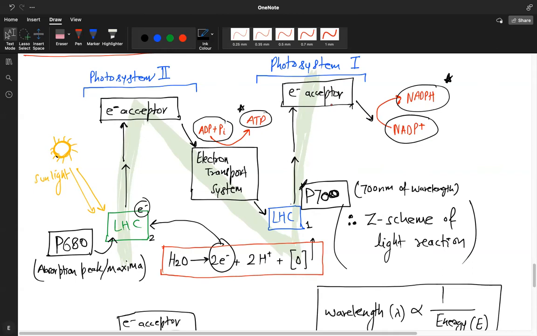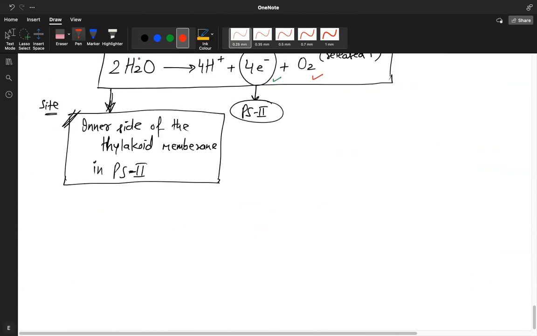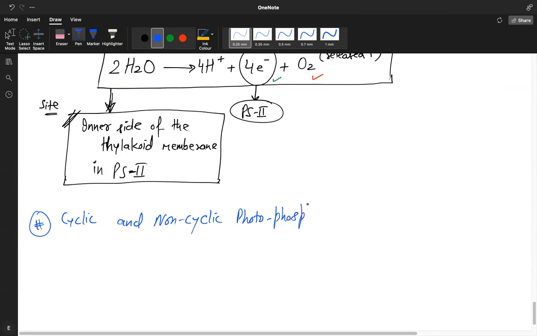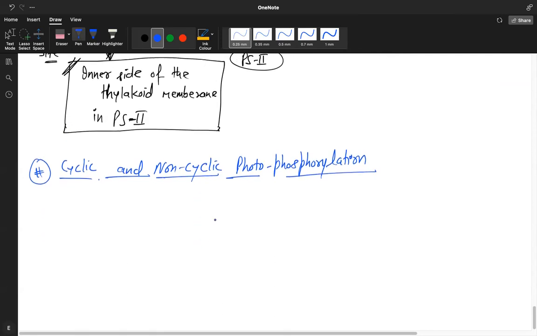A cyclic photophosphorylation will look like this. So let me start this topic: cyclic and non-cyclic photophosphorylation. So you're adding phosphorus in the presence of photo, which is light energy. What we studied above was a Z scheme, which was a non-cyclic photophosphorylation.